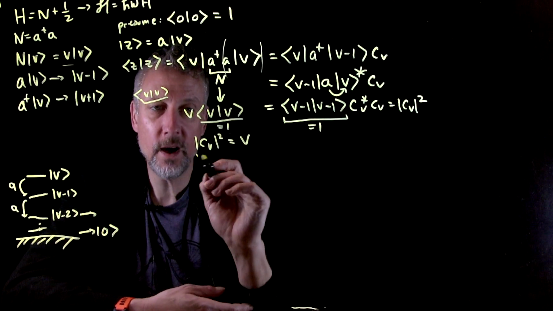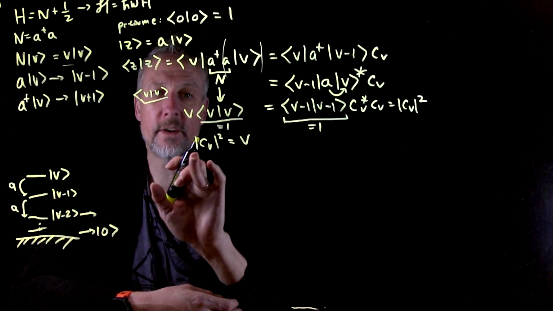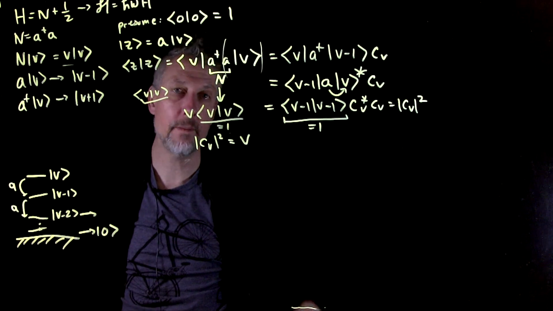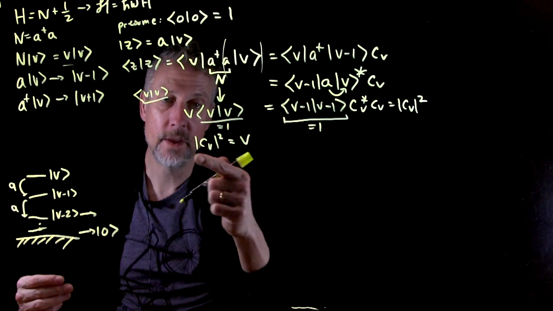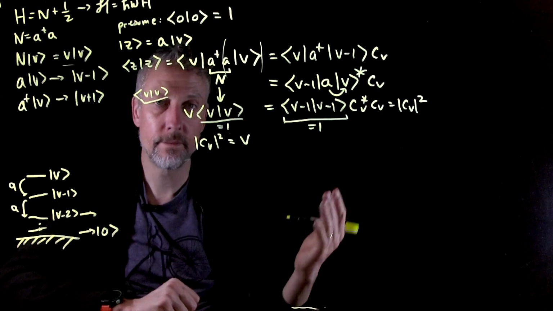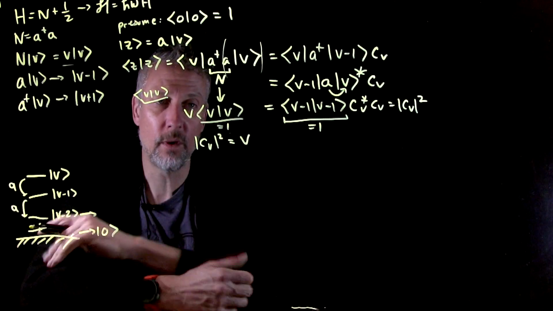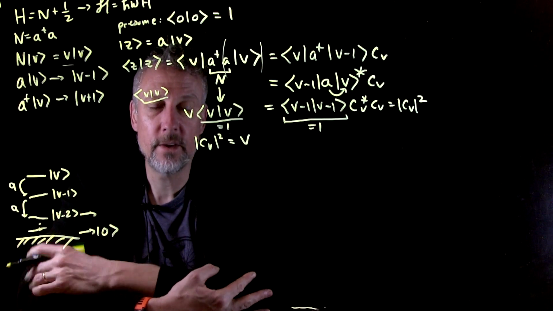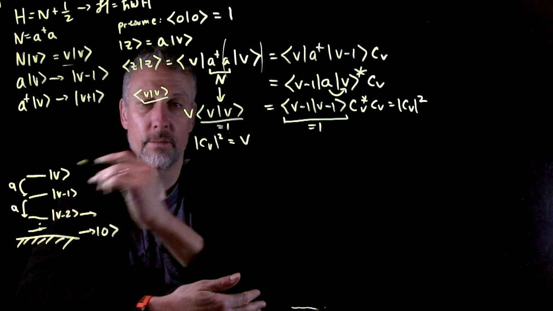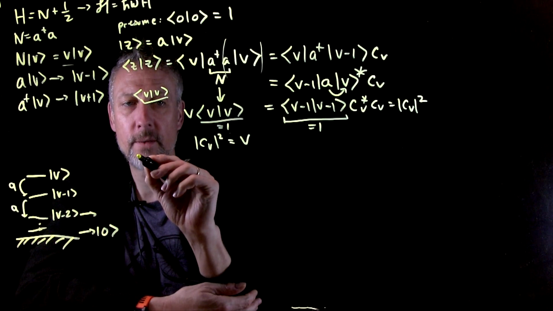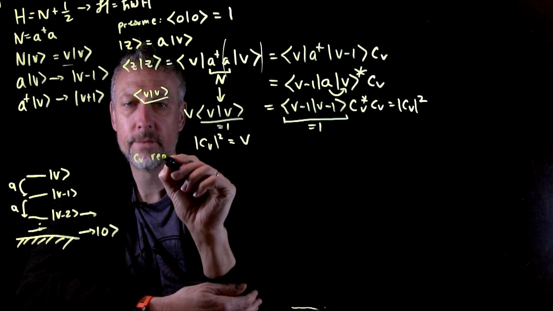All right, now this is a modulus squared, so there's no phase information. I could take CV, whatever it is, and multiply it by e to the i theta, and this would still work. So that essentially means there's an infinite number of CVs that satisfy this. But we will make the usual convention that we choose the CV values to be real.